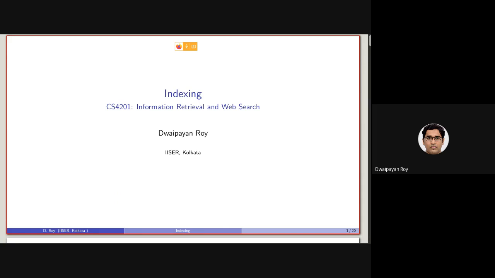Note that in the last class we have discussed the ways of searching for a term using grep, in which case we saw that it is basically performing a search which is linear in nature, and given a fairly sized collection, it is not actually possible to perform a linear search. I mean, it is possible, but it would take so much time that the effectiveness of an IR system, information retrieval system, would not be realized using a linear search.